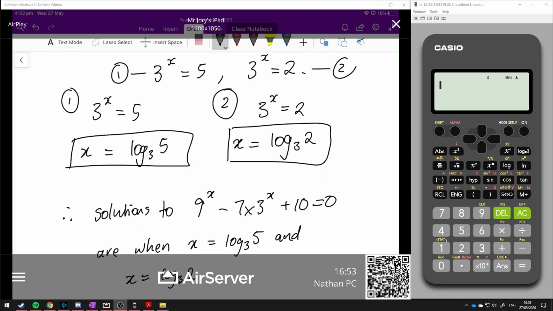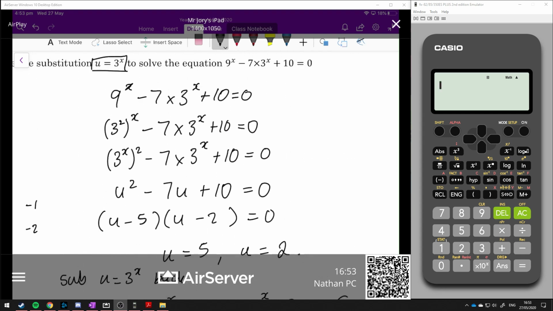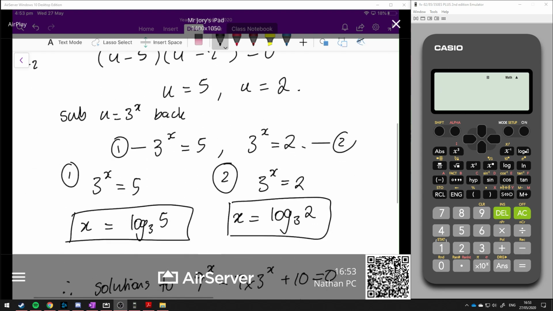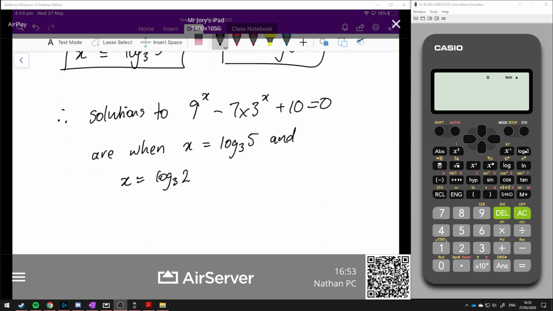Just like a regular quadratic, we do have to answer the question. If I were to substitute those two values back into the original equation that we began with, we would see that they would be equal to 0 regardless of which one we put in. So that's how we solve it with the quadratics. In the next one, we're going to be looking at some inequations.